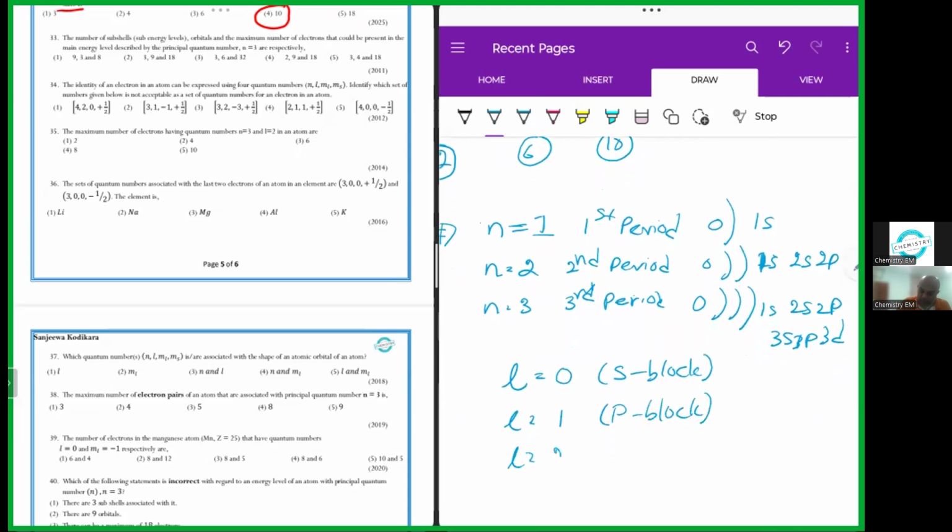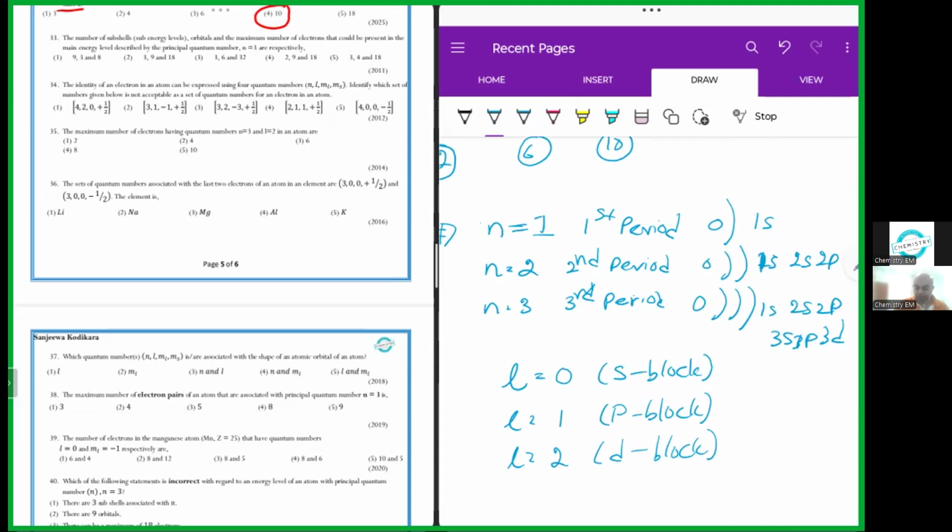L is equal to 2 means that is D block. So the final electron is filling into L is equal to 1, that belongs to P block. Final electron is filling into L is equal to 2, that belongs to D block. So just by looking at the quantum numbers, from N you can decide the period. From L, you can decide the block.